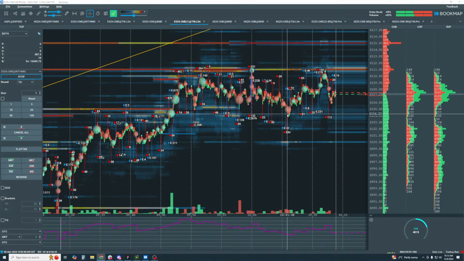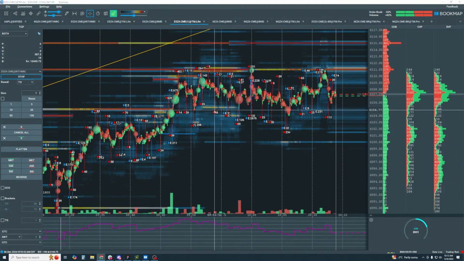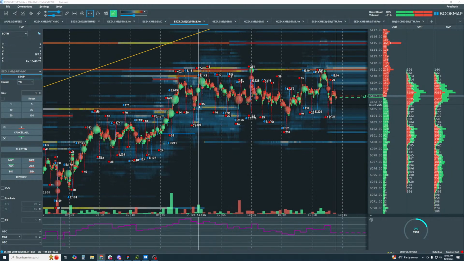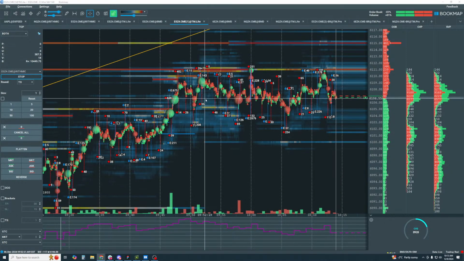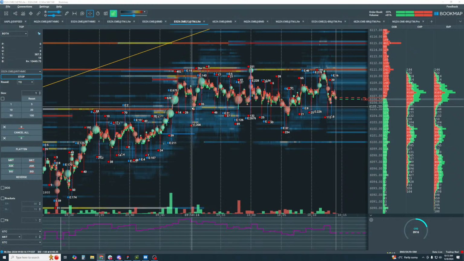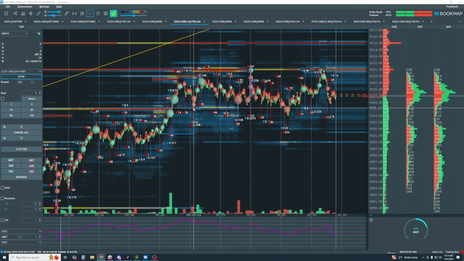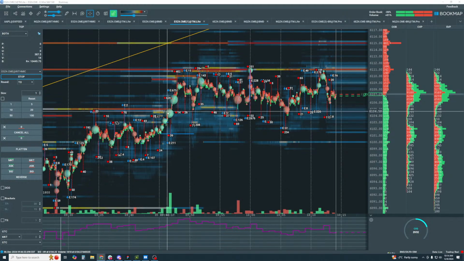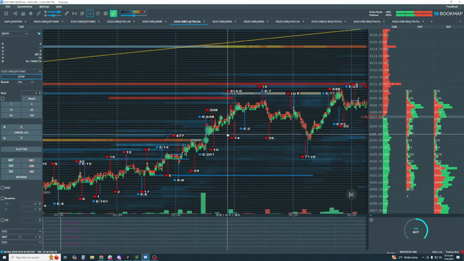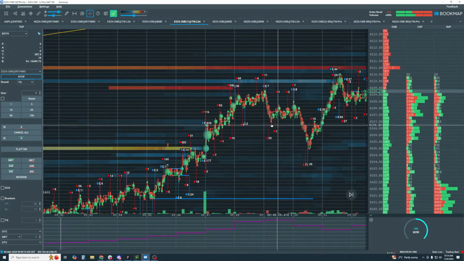It did it here, for example. I mean, it does it all the time. In fact, I want to go into more detail on some of these moves in here, because you can see it actually did it right here on this pullback in the ES. This is where you can put this together into a trading plan.